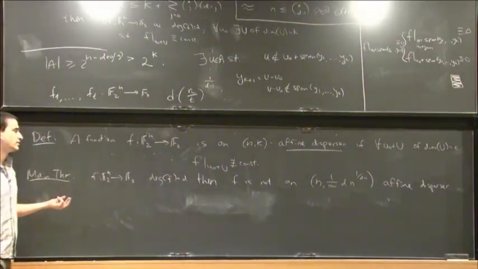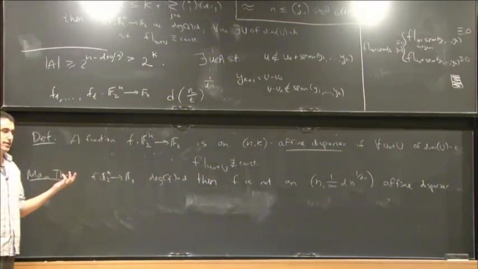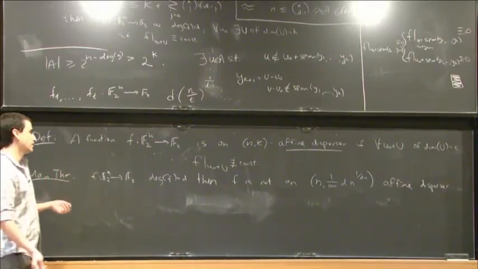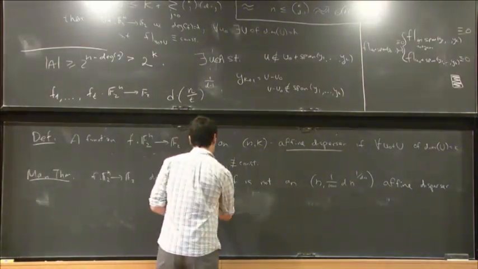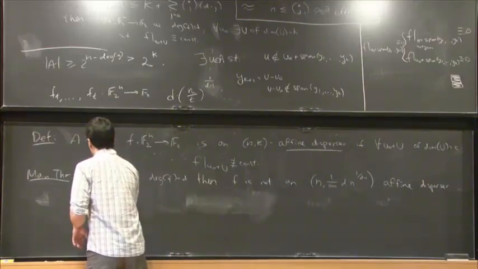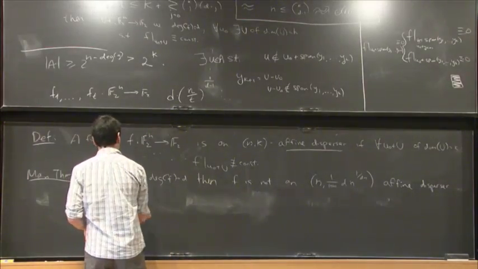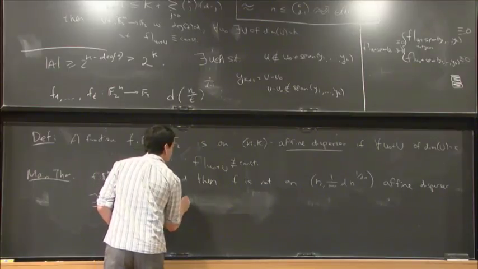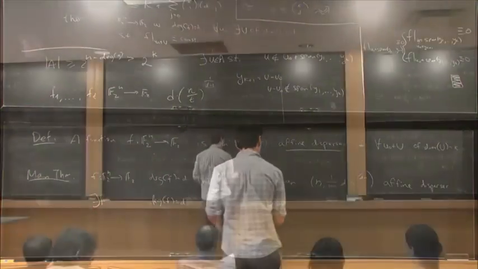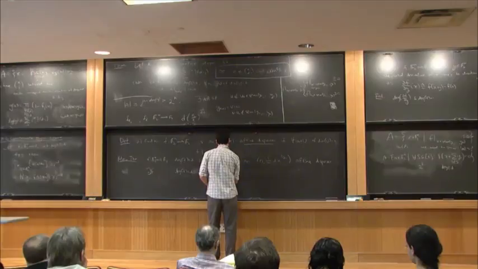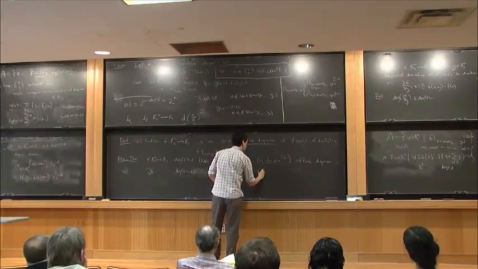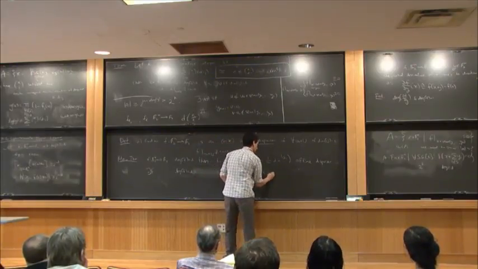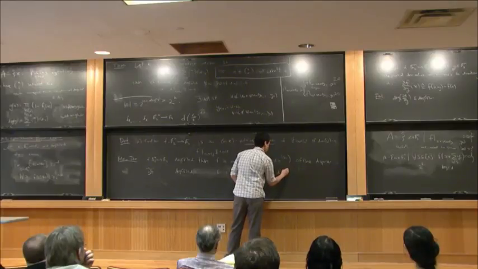On the other end, by what I said earlier, by the probabilistic method, there exists some f of degree d such that f is an affine disperser, something like this.